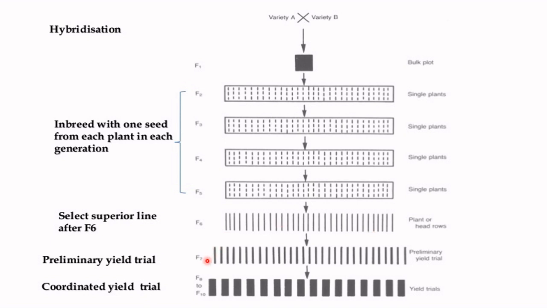From multi-row plots, those plots which show no segregation, we are going to conduct preliminary yield trials in research stations, and after preliminary yield trials we are going to go for advanced research trials or coordinated yield trials, which is similar to the process of the pedigree method. So for bulk breeding method and single seed descent method, you can refer to the preliminary yield trial and coordinated yield trial from the pedigree method itself because it is well explained there.